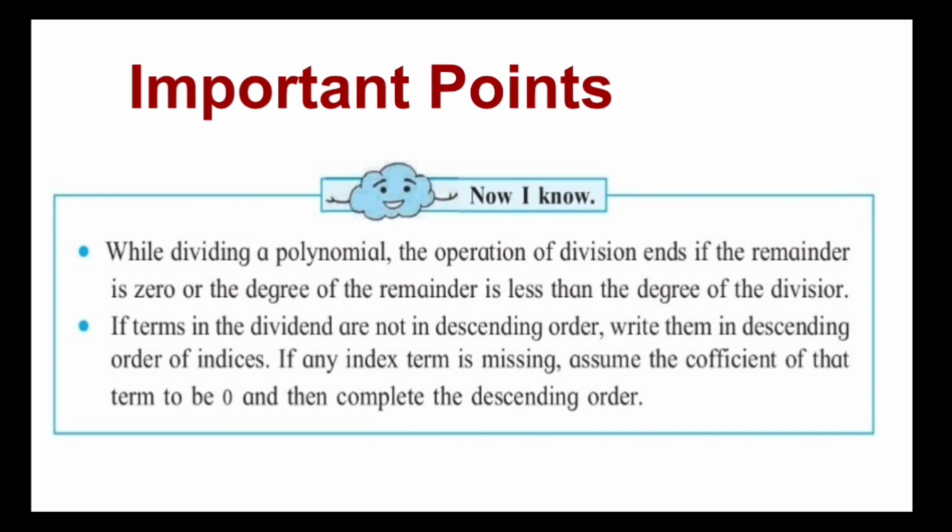And the second important point is, if the terms in the dividend are not in descending order, write them in descending order of indices first. And if any index term is missing, assume the coefficient of that term to be 0 and then complete the descending order, which we have done while solving our questions of 10.2.